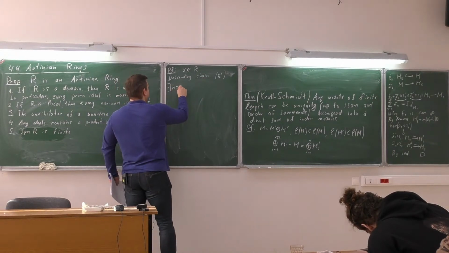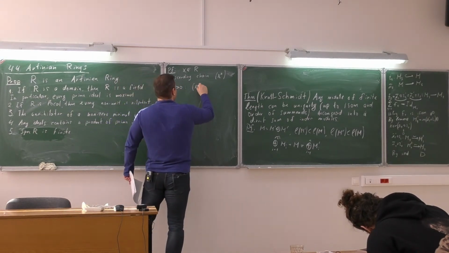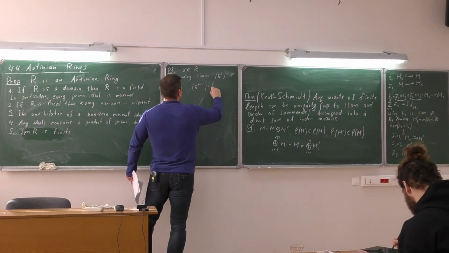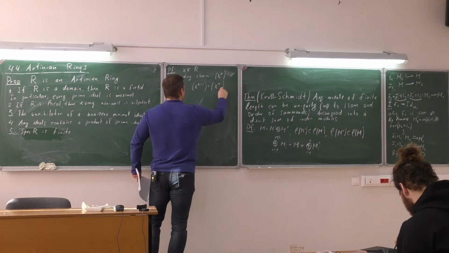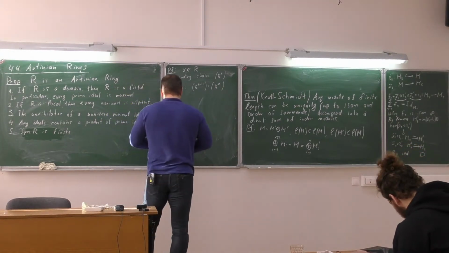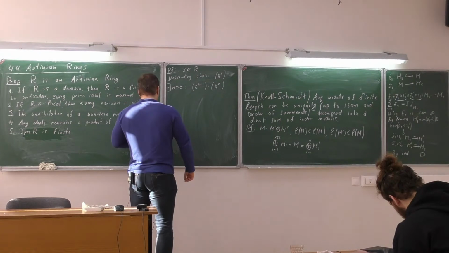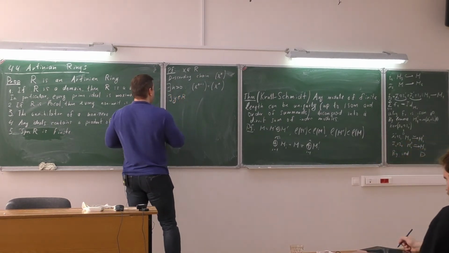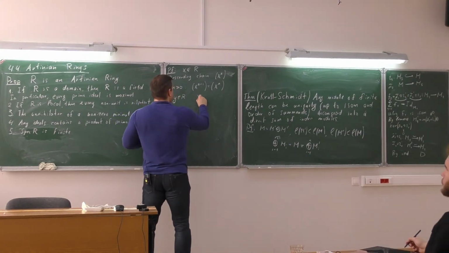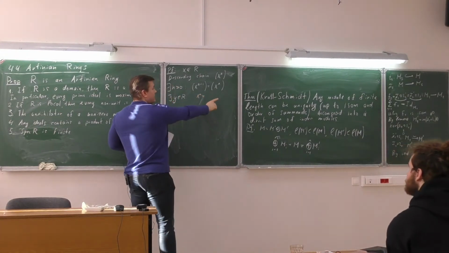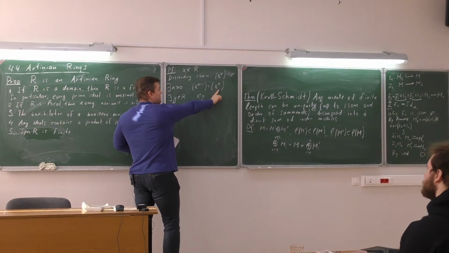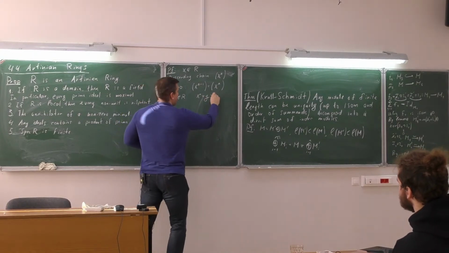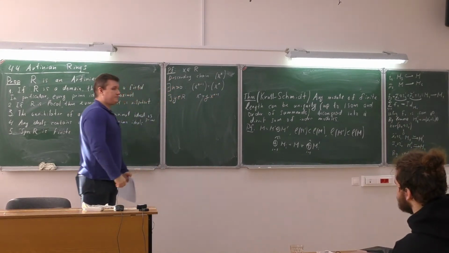So there is a positive n such that the ideal generated by x^(n+1) is the same as the ideal generated by x^n. So in particular, we can see that there is an element y in the ring such that x^n, which is in this ideal, is of the form y x^(n+1).